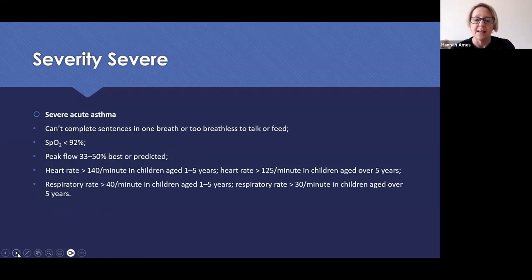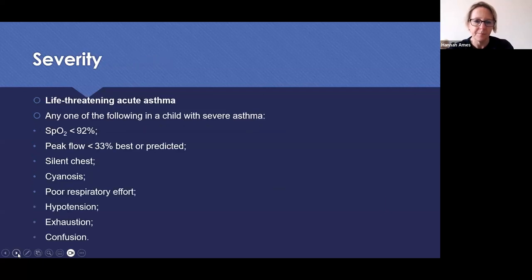Their oxygen saturations are less than 92%, and their peak flow is sitting around 33 to 50% of best or predicted. Again, there's heart rate parameters as well, and also your respiratory rate parameters. So the respiratory rate is greater than 40 in children aged 1 to 5, or greater than 30 in children over 5 years. So good things to know and be aware about in terms of your assessment station.